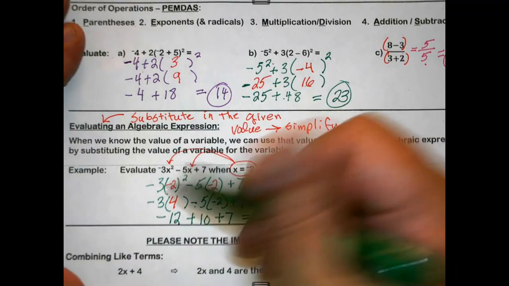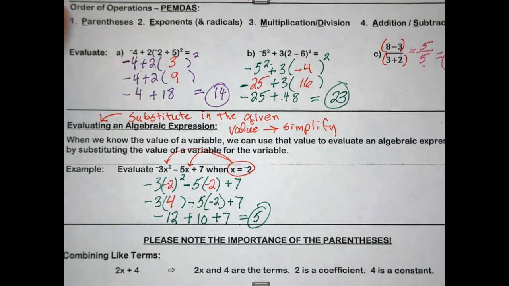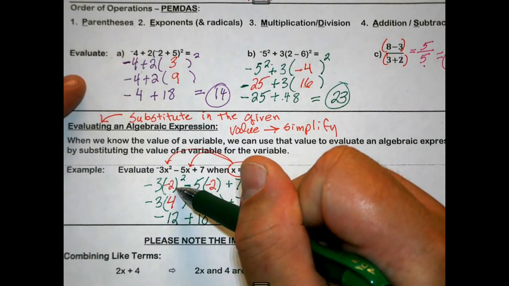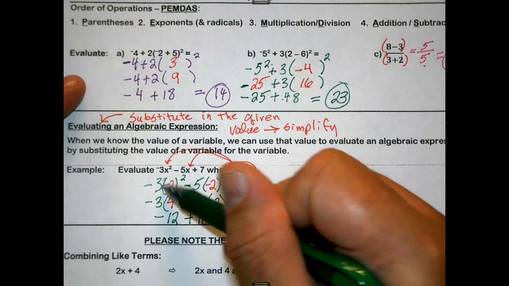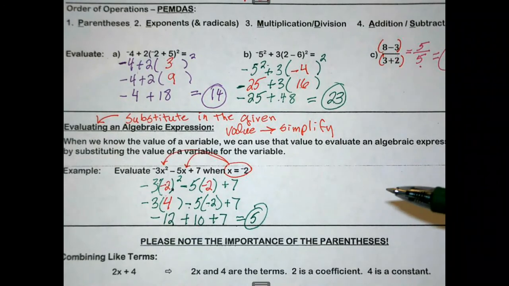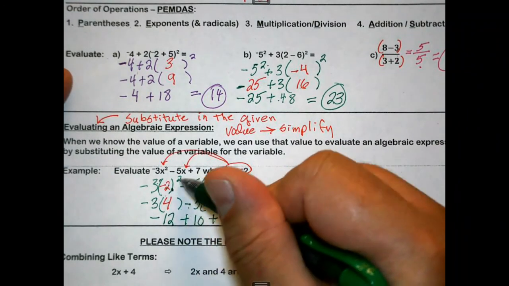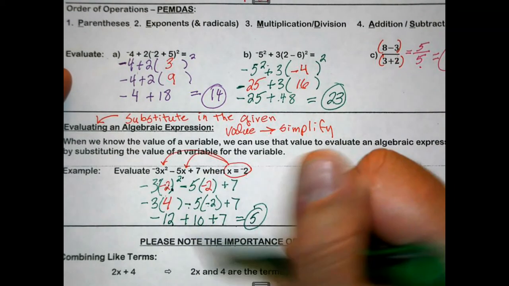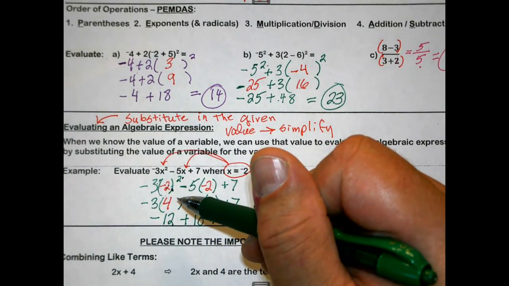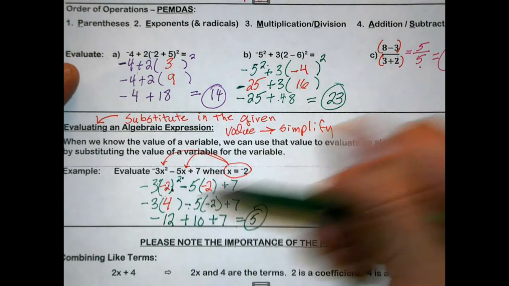Remember, this is negative 3 times x, so they're separated to begin with. I'm putting those parentheses there to force me to think that there's an operation there. That's why I still to this day put parentheses in there, because it does get confusing.